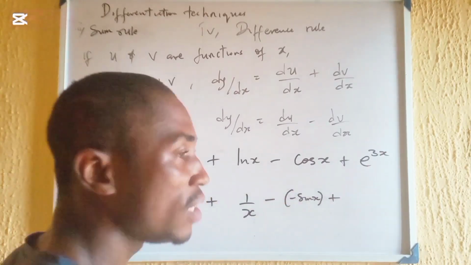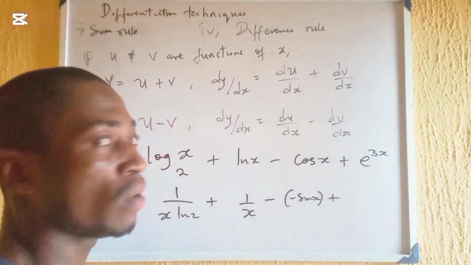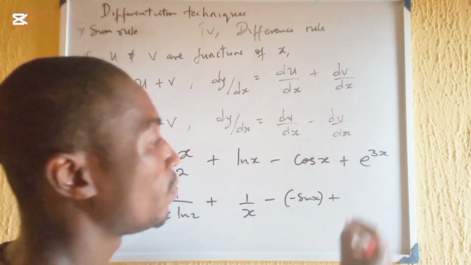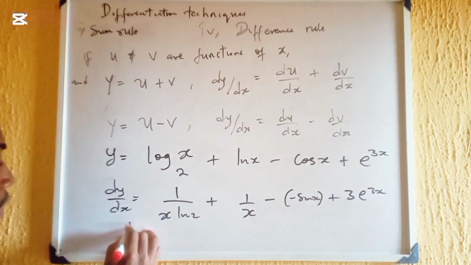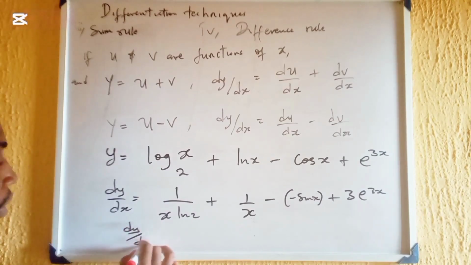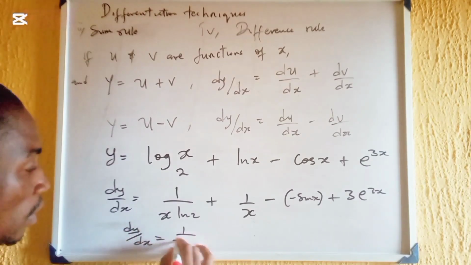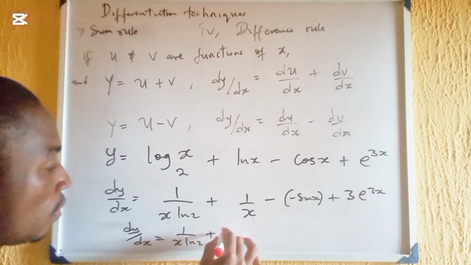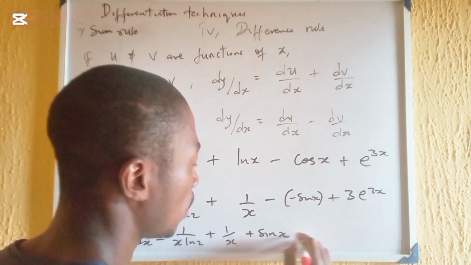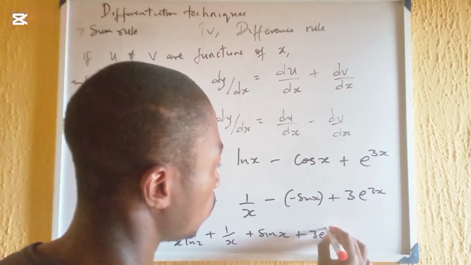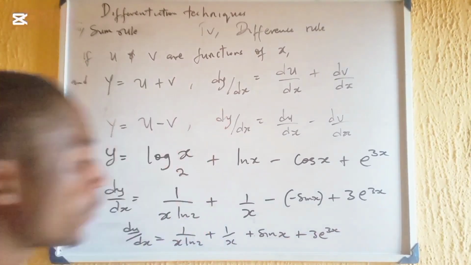Then when you differentiate e to the power 3x, if you can still remember what we did, it will now become 3e to the power 3x. So in that case, dy/dx is equal to 1 over x ln 2 plus 1 over x plus sin x plus 3e to the power 3x.